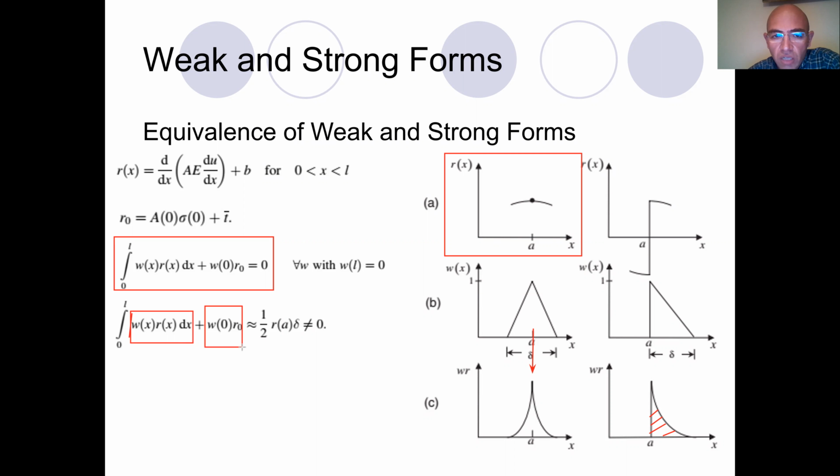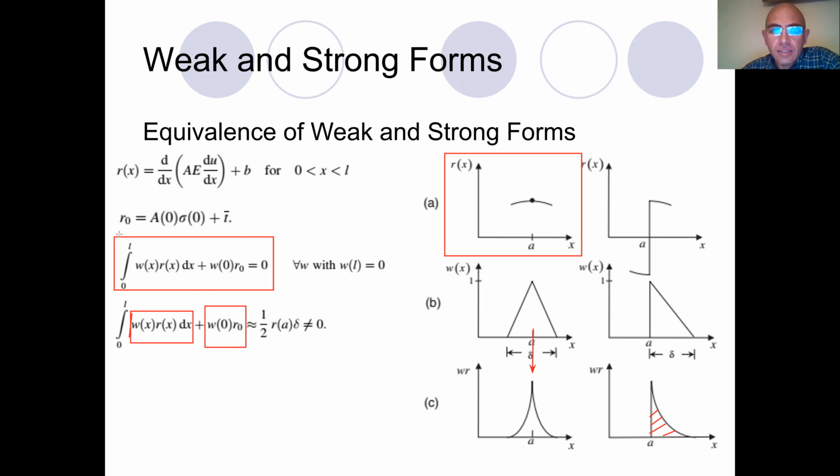It is the same for the boundary. As you see, W0 can be arbitrary. Therefore, I can say that W0 can be 1, for example. So in order for this expression to be 0, R0 has to be 0.